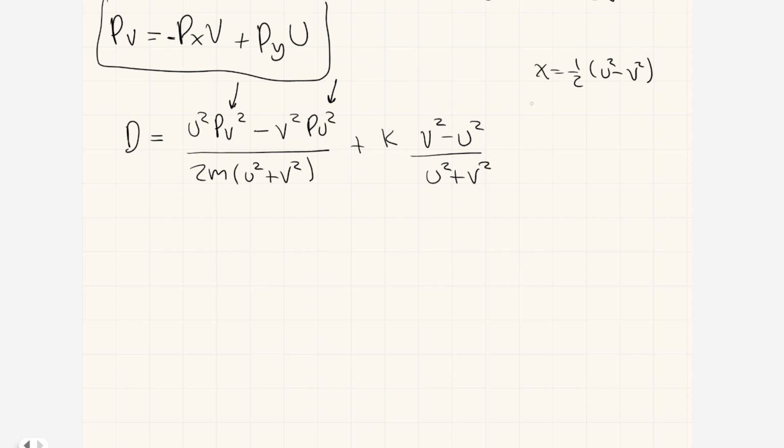So, as you can see, this element that we have here can be seen as minus 2x from this equation.